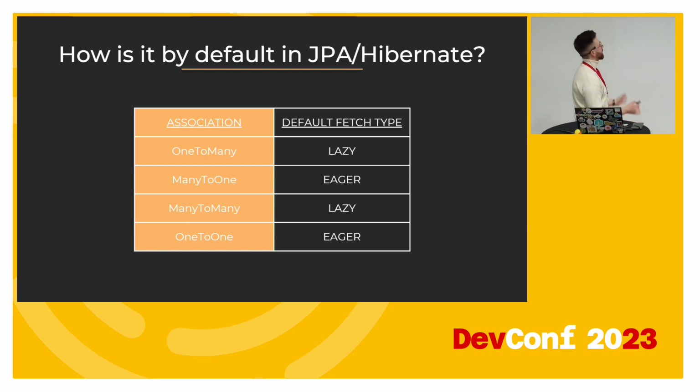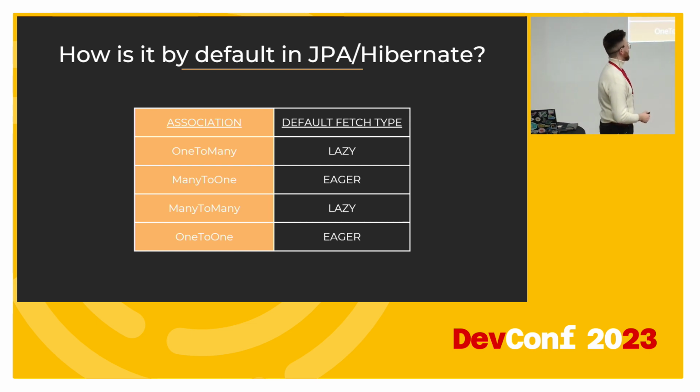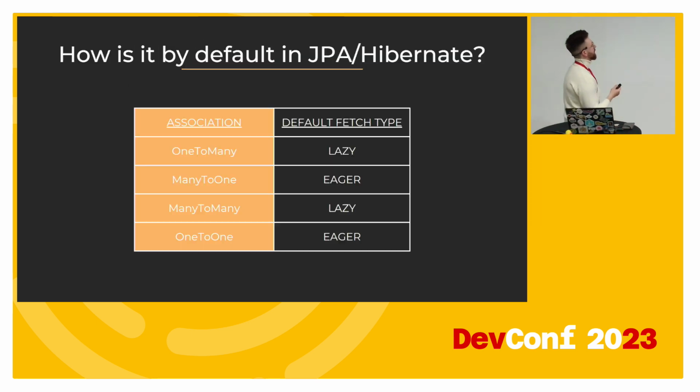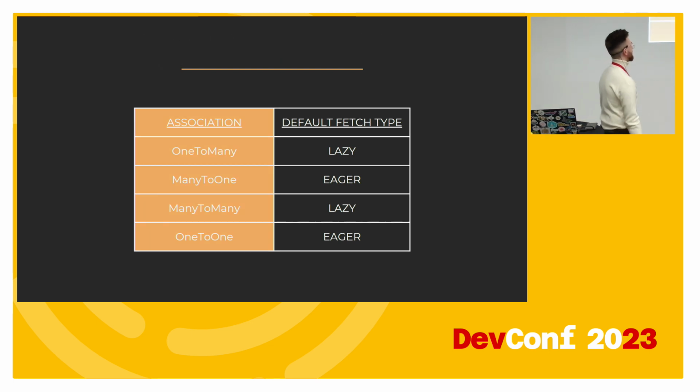And when it comes to lazy loading, what does it even mean? I will say how it is by default in JPA and Hibernate, the main ORMs for Java. In case of one-to-many and many-to-many, they are lazy. So if we have collections, they are lazy. If we have only one element mapped, it is eager by default. The fun fact is that Hibernate didn't want to follow this until version 5.x. They had everything lazy.